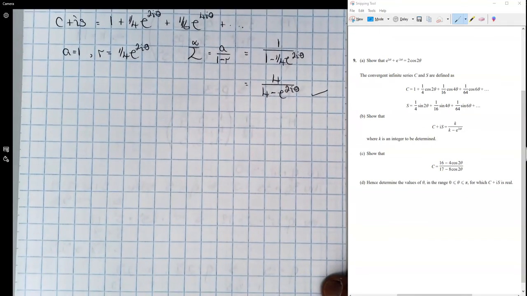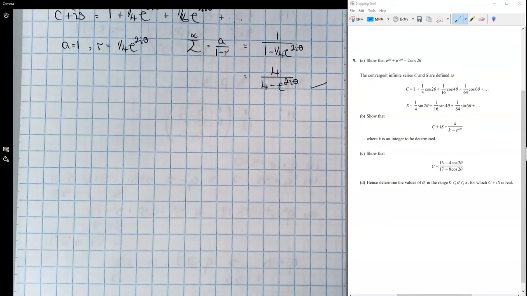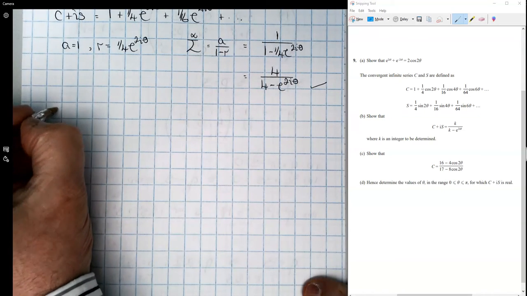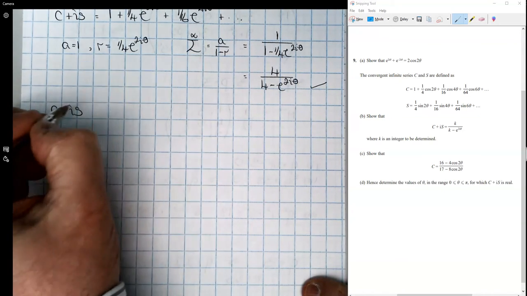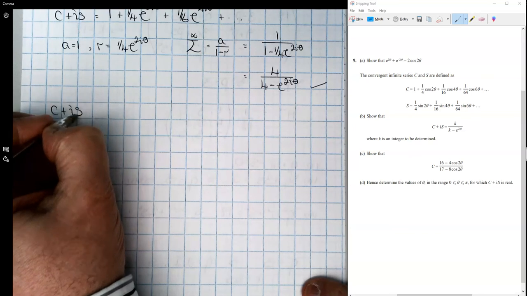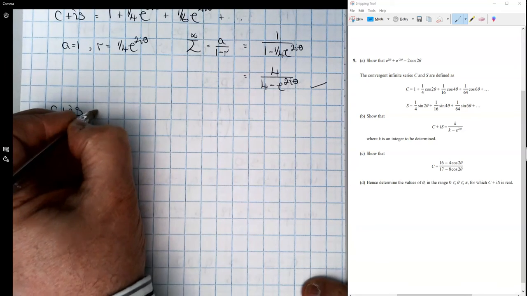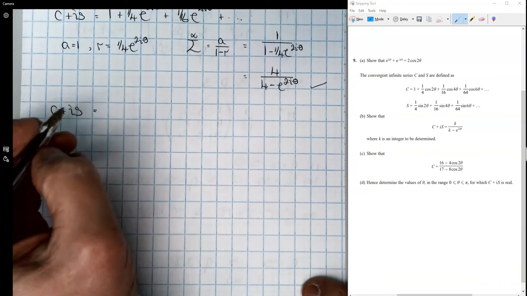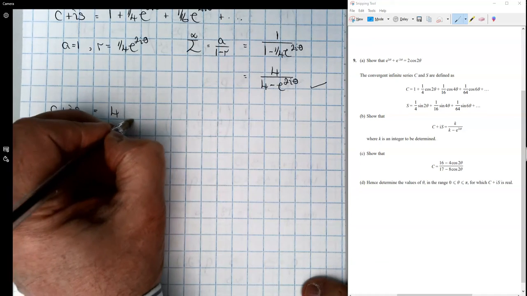Now the next bit, a little bit trickier. We've got to show the real part, in fact, of C plus iS. We know C plus iS is this.